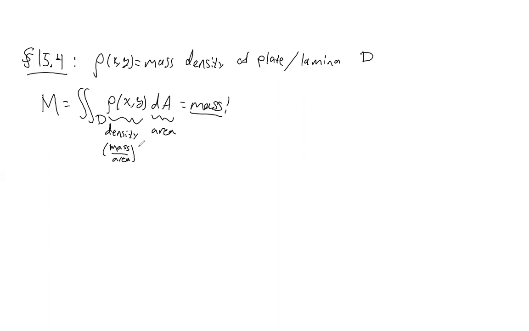So it's mass over area times area. That's going to give you mass. So that's basically what this integral is telling us. It's the total amount of stuff in some region.